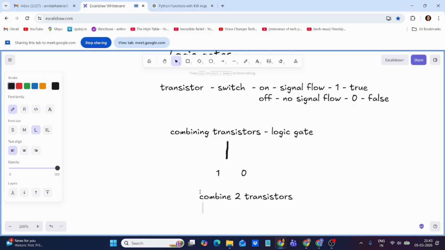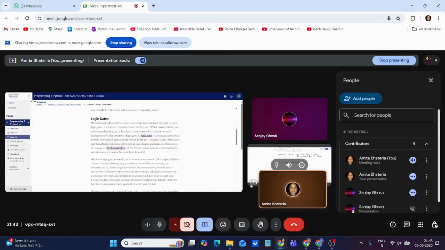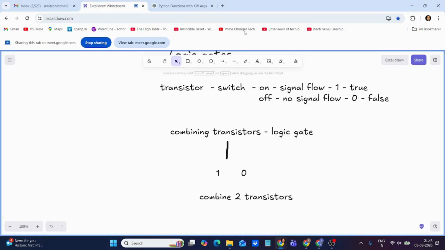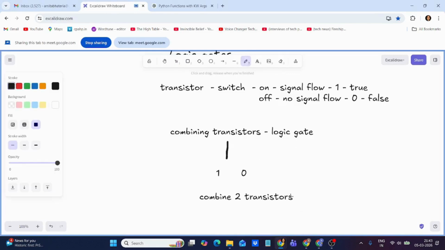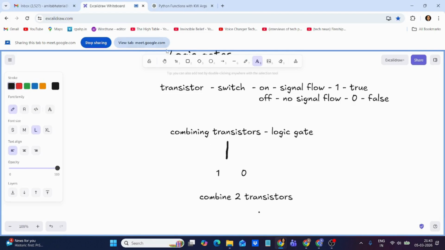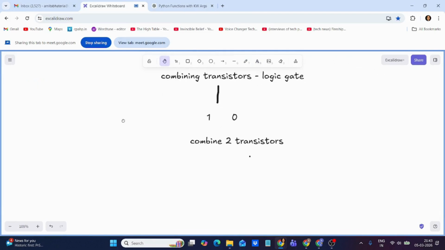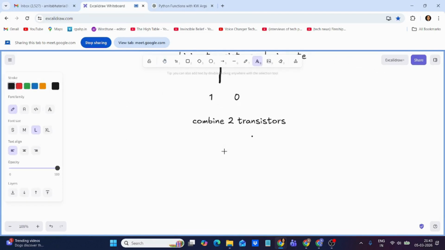And the value of a transistor will be either 1 or 0, we know that, right? Now, suppose we have two transistors. Suppose this is our transistor 1, and this is our transistor 2.